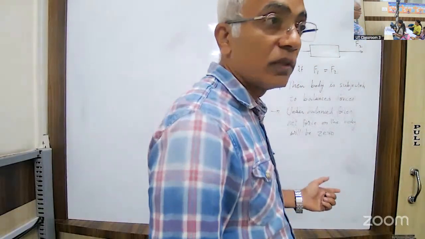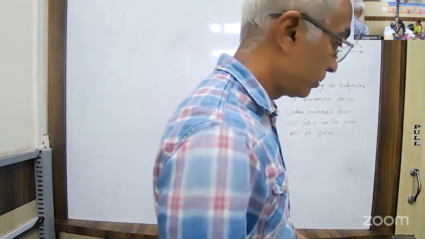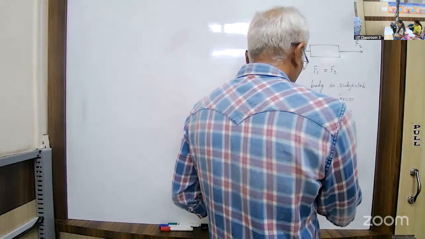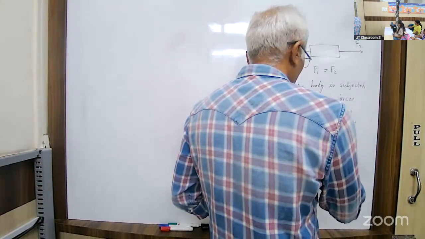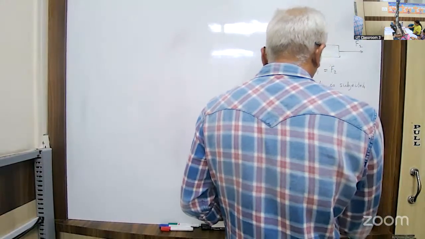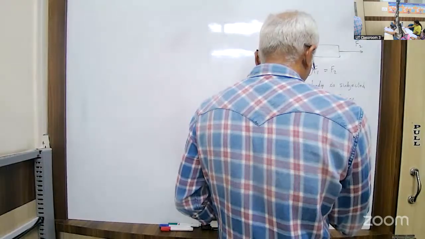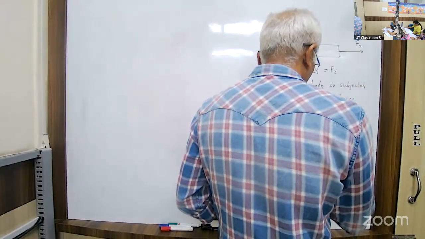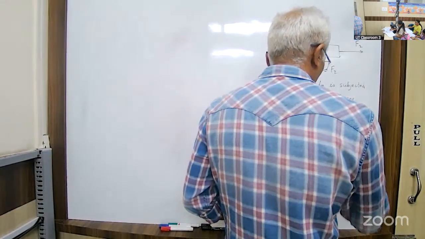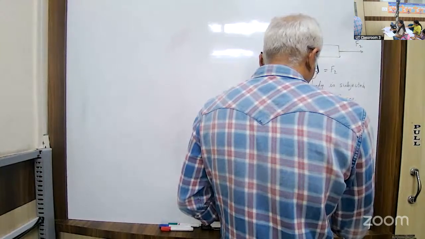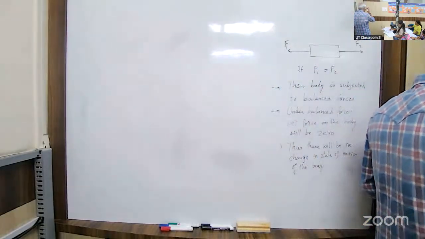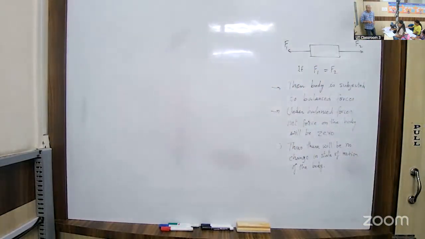While the net force itself is zero, will there be any change of state of the body? No. Thus, there will be no change in the state of motion of the body.